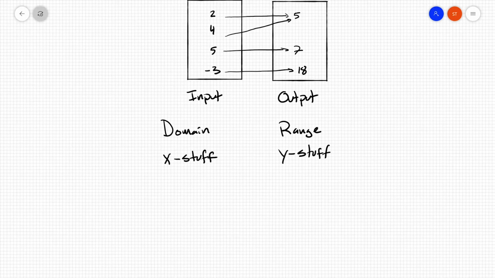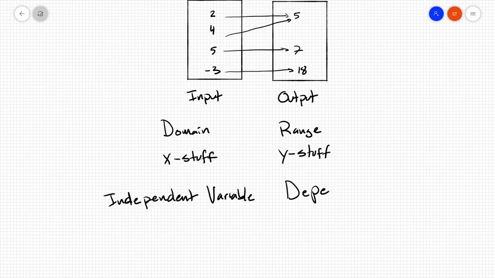The domain, the x stuff, the inputs, these variables are called the independent variable. The output is the dependent variable.